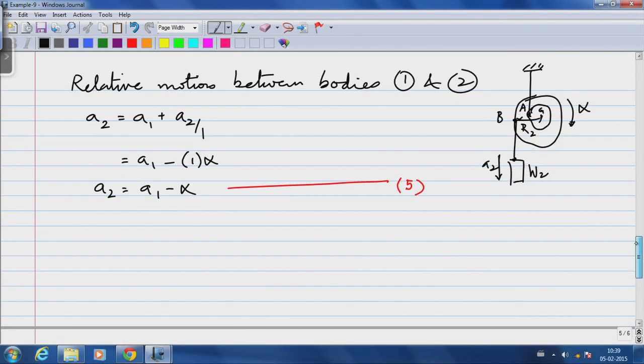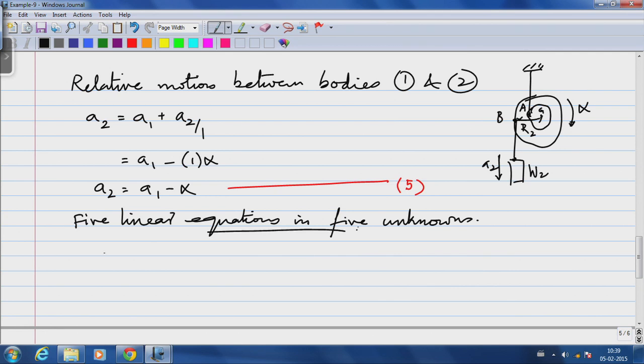So, the net result is that we have 5 equations in 5 unknowns, the 5 unknowns being A1, A2, alpha, T1 and T2. Okay. So, when you solve those 5 equations, these are 5 linear equations in 5 unknowns, and the result, I am going to write the result, you can check this on your own time.